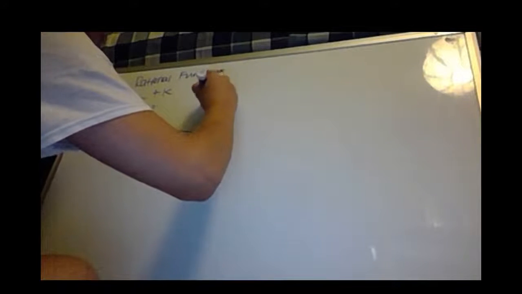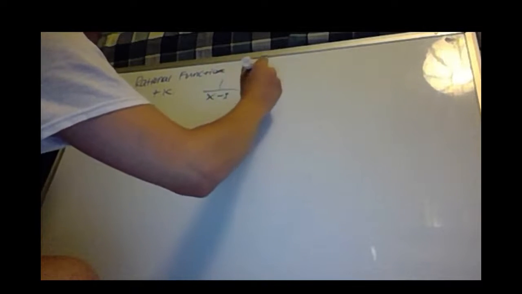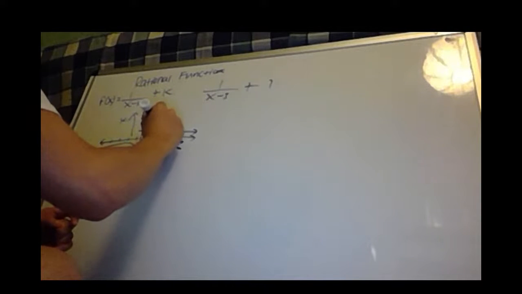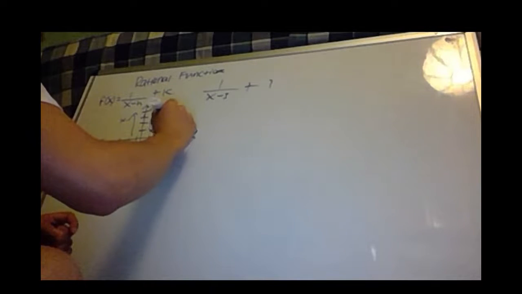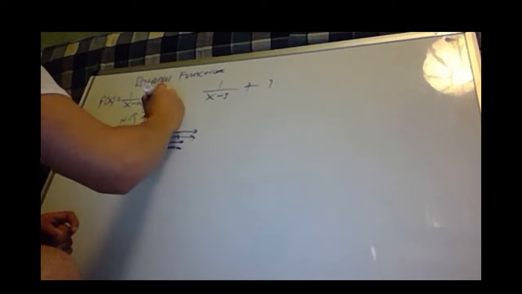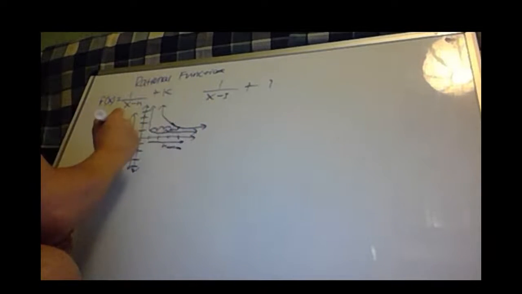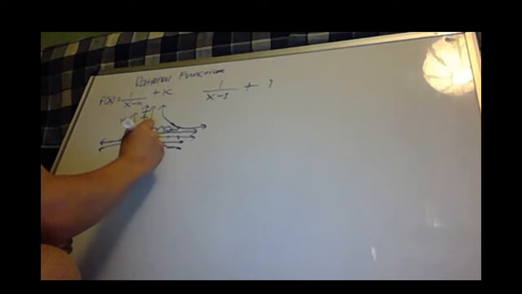So if I say, for example, 1 over x minus 3 plus 1, it would be 1, 2, 3, 1, and we'll do 1, 2, 3, 1. So it looks something like this. And then you do the same thing for here. You do 1, 2, 3, 1.